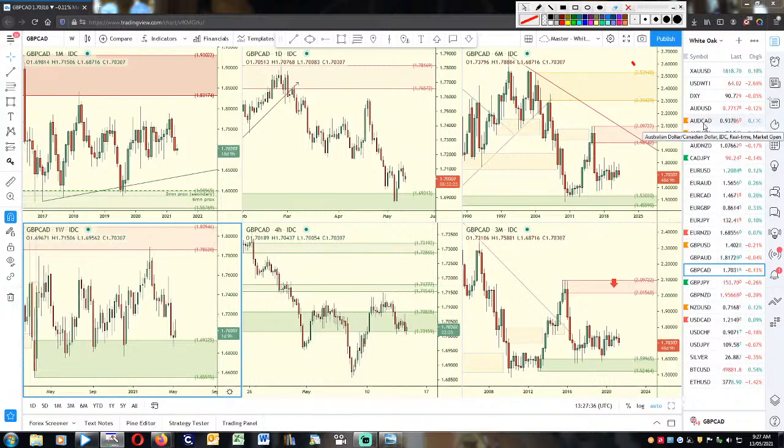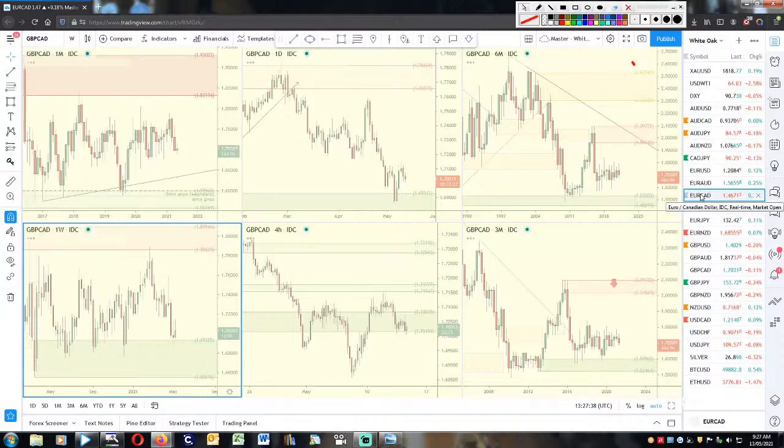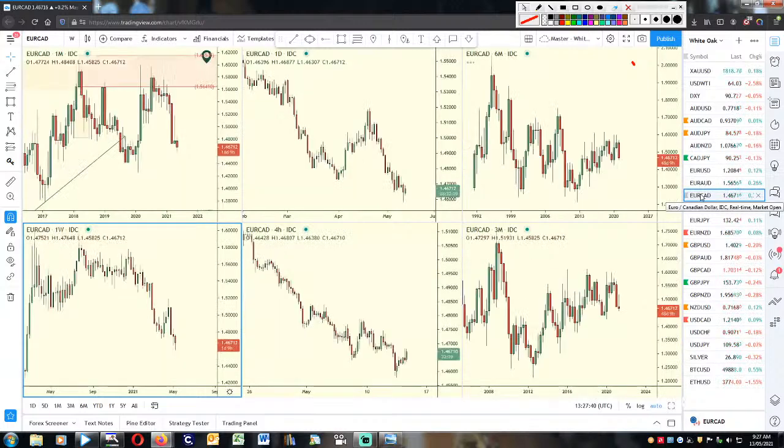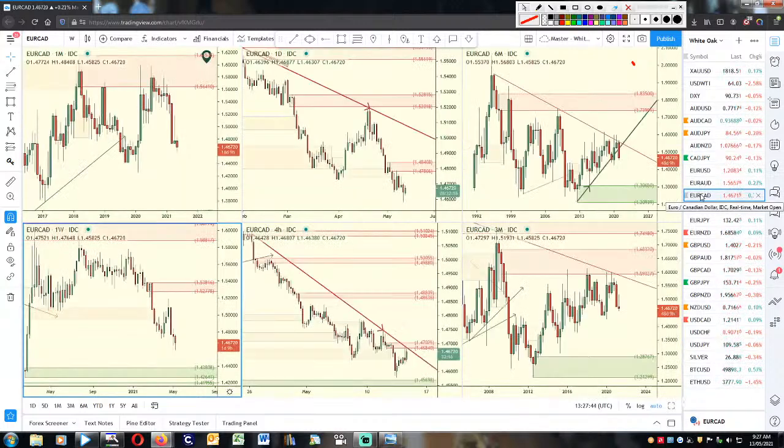Let's see EuroCAD. Yeah, it looks like there's a possibility for this one to drop even further. But the euro is starting to build up that momentum to the upside. So euro strong, CAD strong, that would make this currency kind of sit sideways.